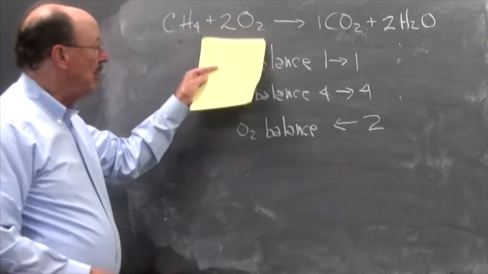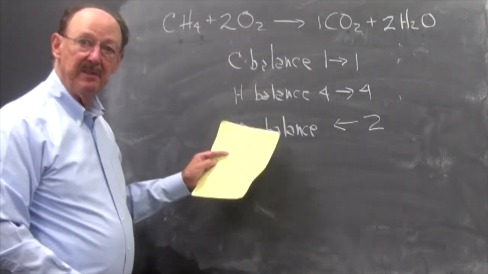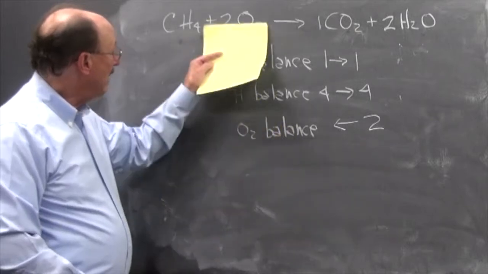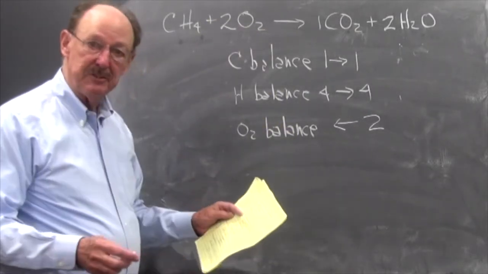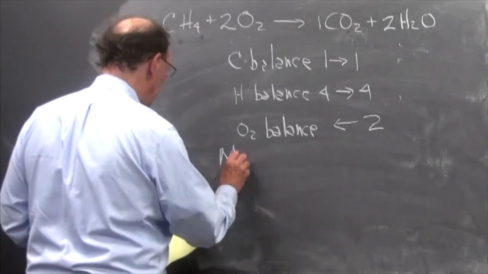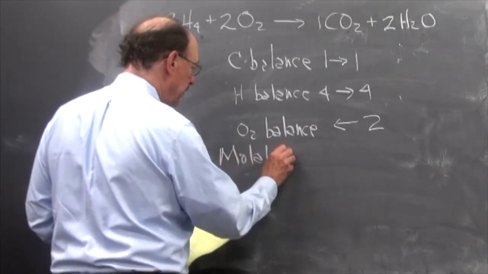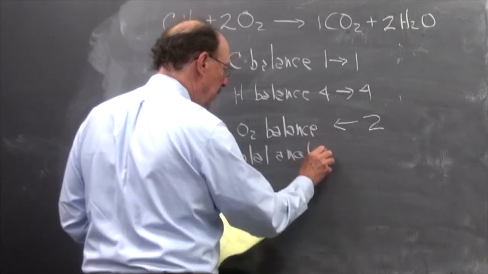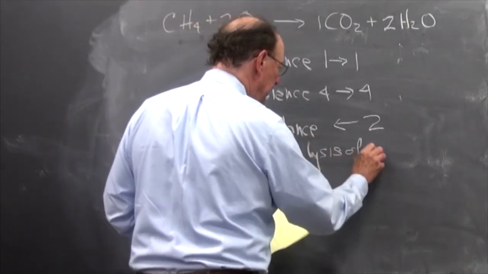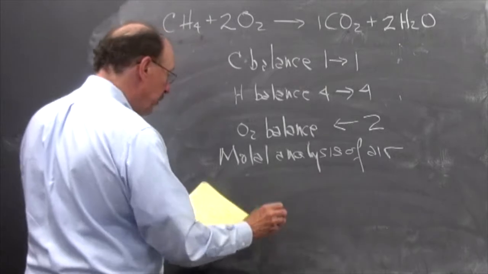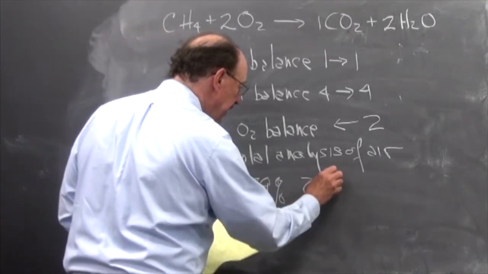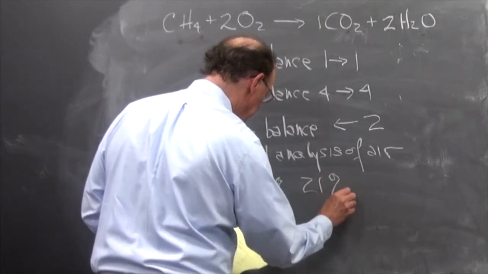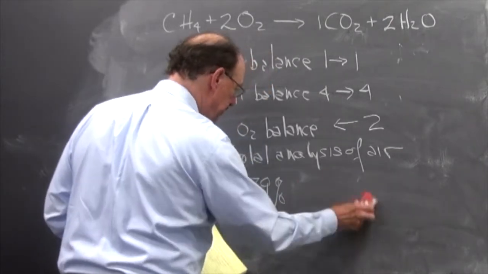Now, mostly we don't oxidize things with oxygen only, we use air. Let's look at the molal analysis of air. We're going to say it's 79% nitrogen, 21% oxygen.